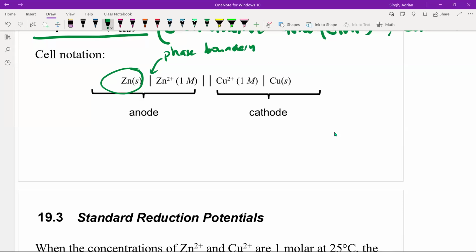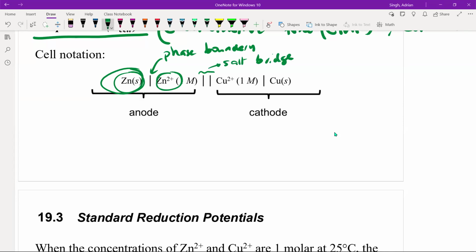It separates one phase, like a solid phase, from an aqueous phase. To the right of it, we have, in this case, the aqueous zinc 2+ ion. So you have a solid on the left side of this single line and an aqueous species on the other side of it. Then we have this double line, which represents the salt bridge.